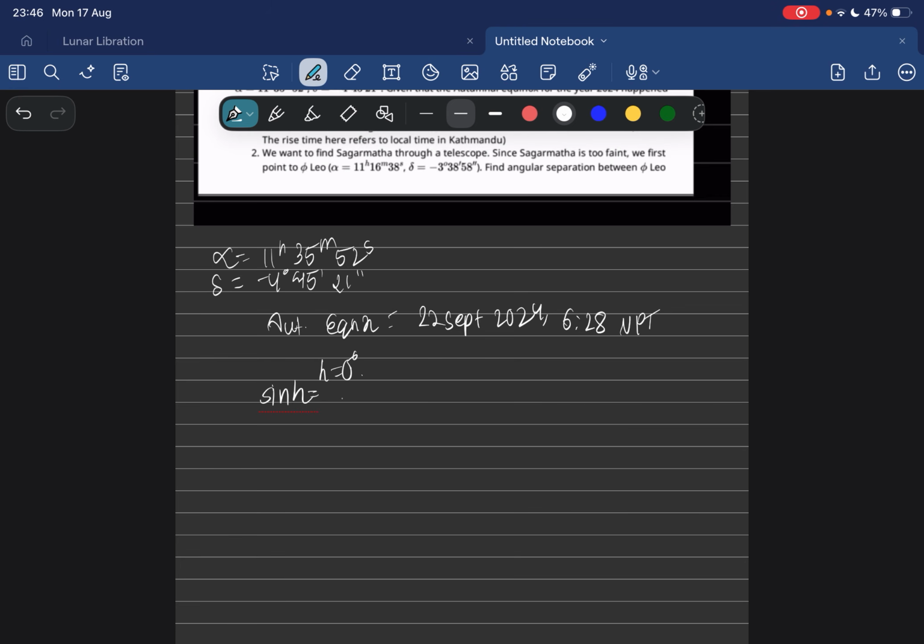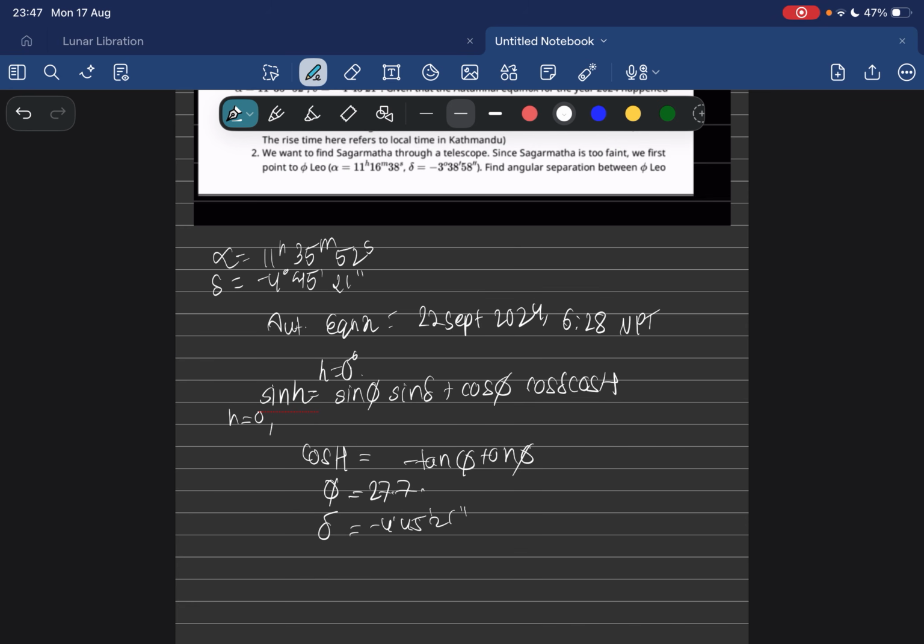So sin h is going to be sin phi for h equals 0. Cos of h is going to be, put the value of phi and then declination, you will get our hour angle, as I calculated it already.